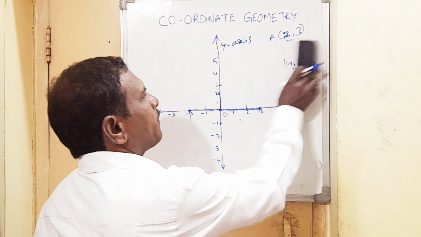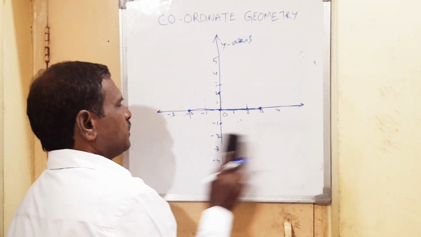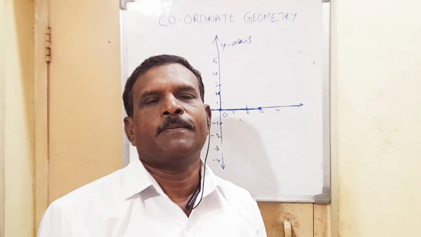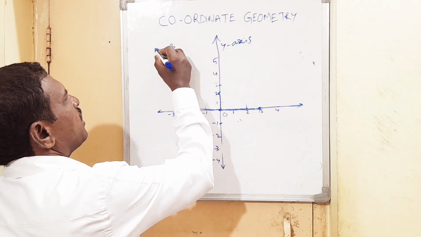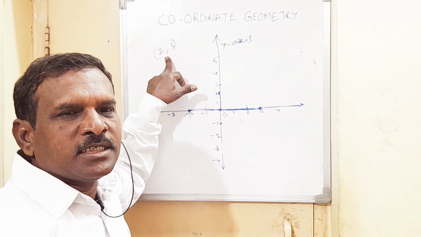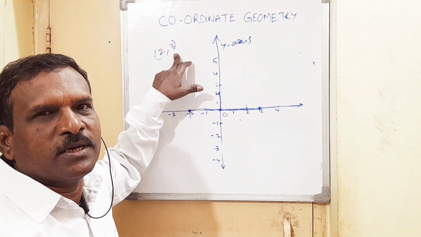Now, if you are given some point, we should identify which quadrant the point belongs to. Let us see how. Suppose you are given a point 2 comma 3. Here, if you see carefully, the x coordinate is positive 2 and the y coordinate is positive 3, which means both are positive.